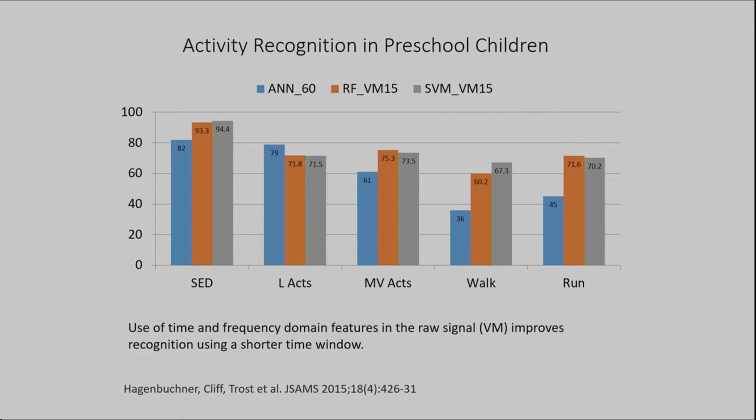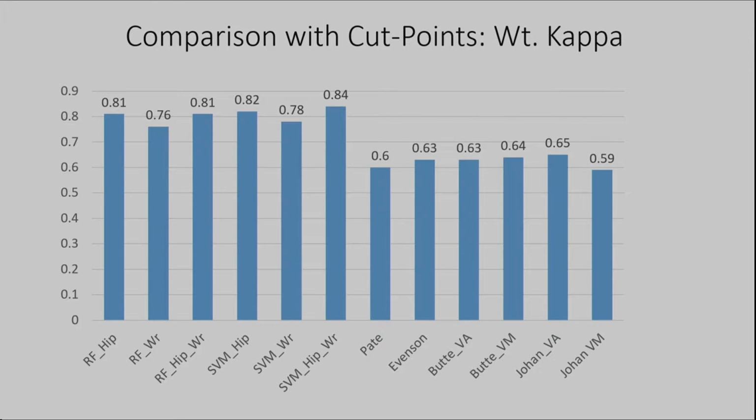Between the random forest and the support vector machine, they're working similarly, but he saw that if he changed some of the time frames he got better performance. He's also been working on hip and wrist together, and seeing that the combination of the hip and wrist is probably the best one, and how that performs compared to the cut points that are out there. So we're definitely making improvements through these new techniques.